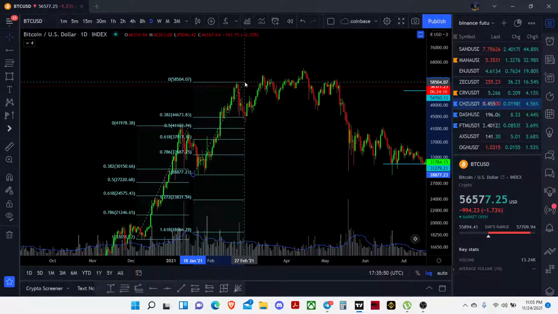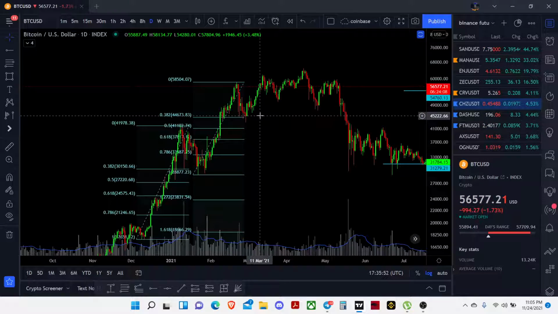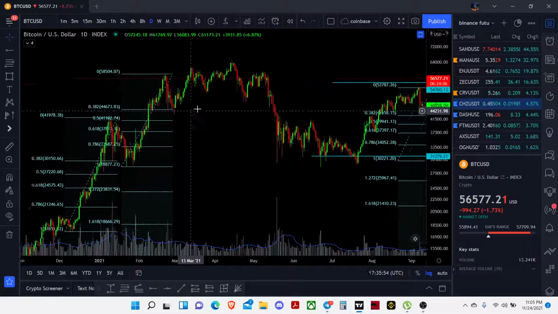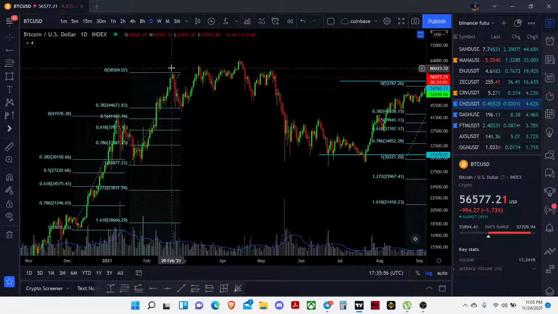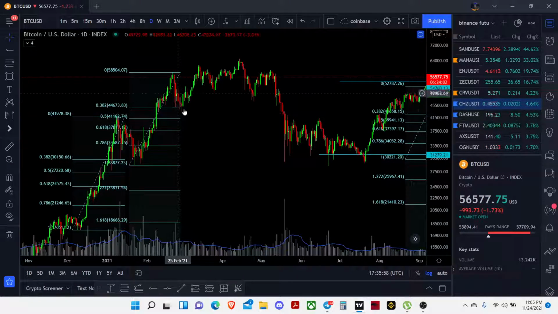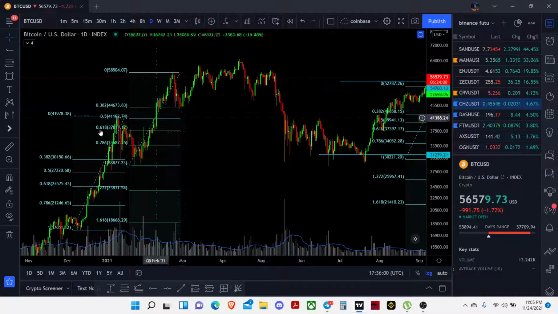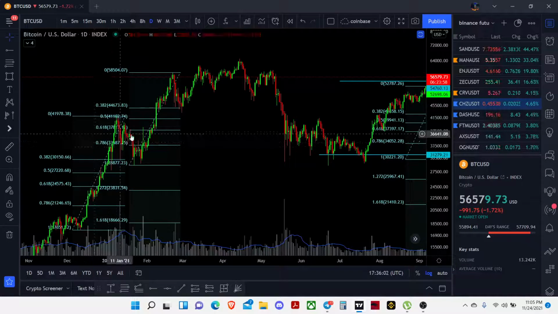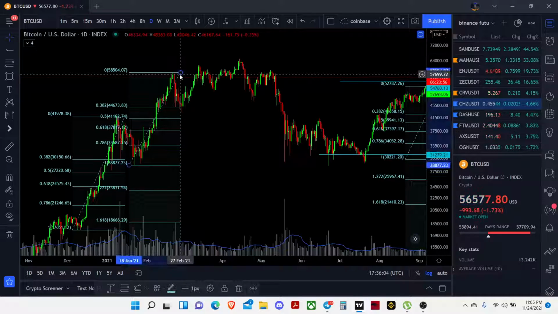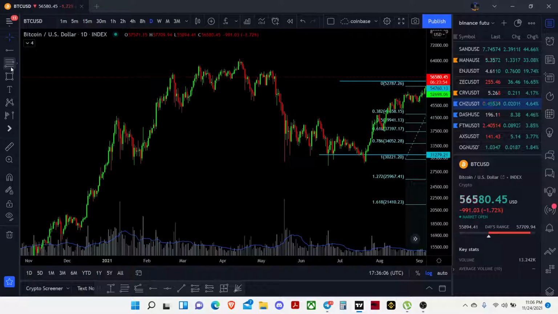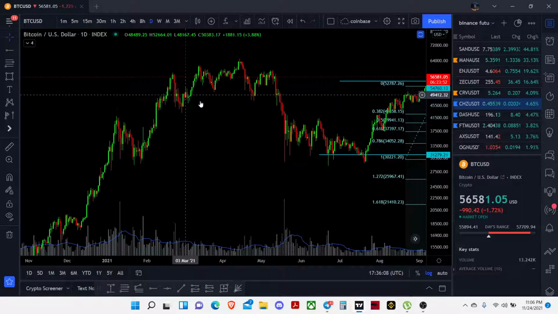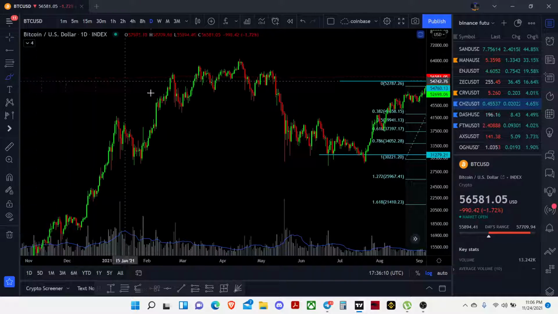So this was something. Yeah, we bounced from the 0.38. This was a move which happened after breaking a major all-time high. So yeah, we are in a similar situation right now, similar to this one over here.